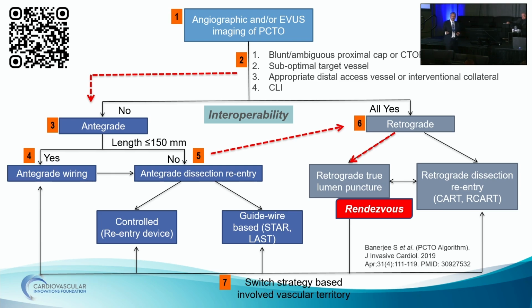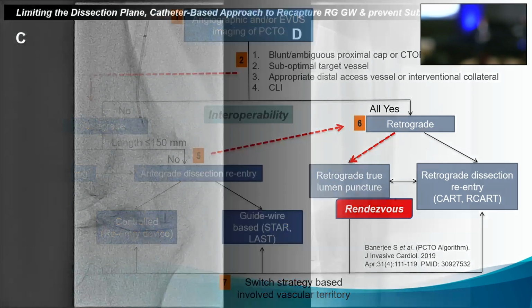So the key approach, in my mind, is rendezvous. I really decide in my mind where I would connect the retrograde and antegrade wires. And second, if I'm unsuccessful, what is the interoperability of switching between strategies? In my opinion, it entirely depends on the degree of subintimal dissection plane and/or the intramural hematoma one has created.